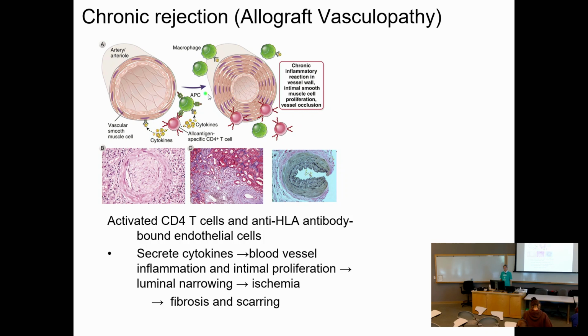So you get intimal hyperplasia. We can see this in this kidney arteriole here, with a lot of fibrosis in the surrounding areas. And you eventually get an end-stage kidney with a lot of fibrotic glomeruli.